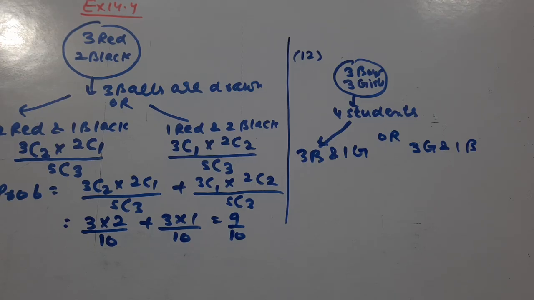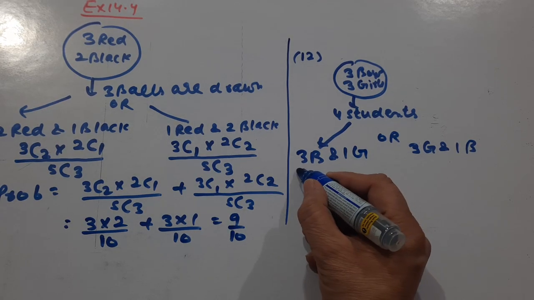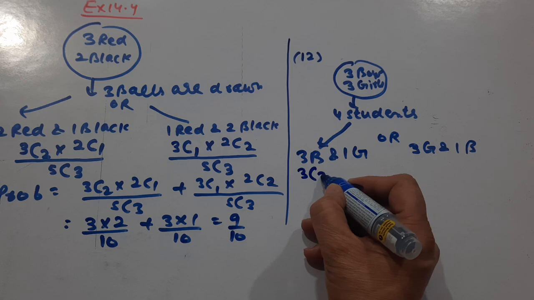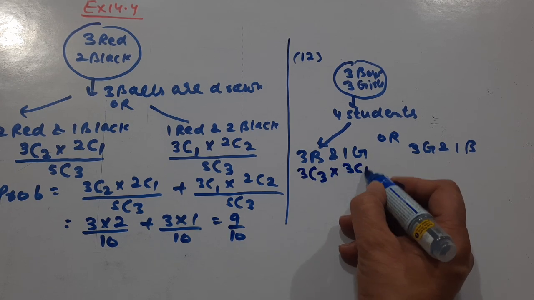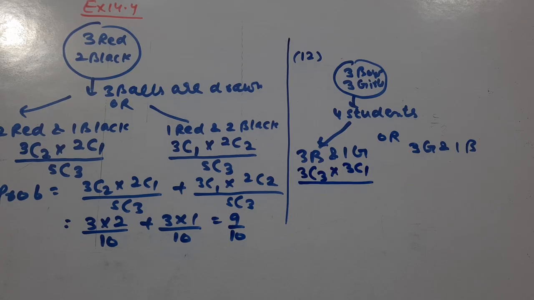4 students are to be selected. Now 3 boys out of 3 can be selected in 3C3 ways. 1 girl out of 3 can be selected in 3C1 ways.